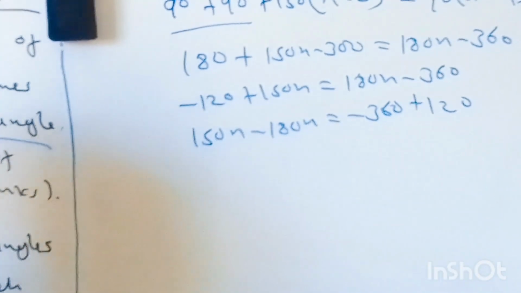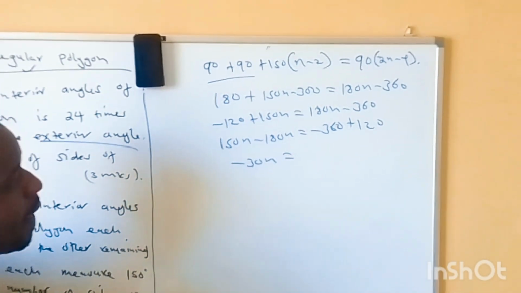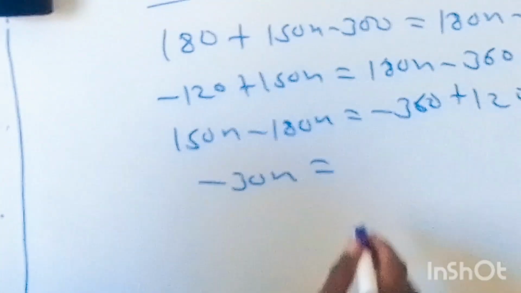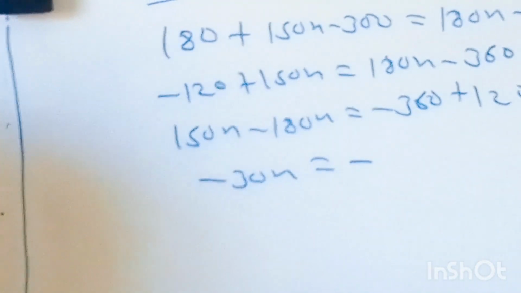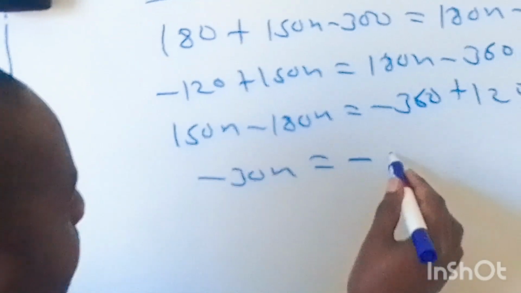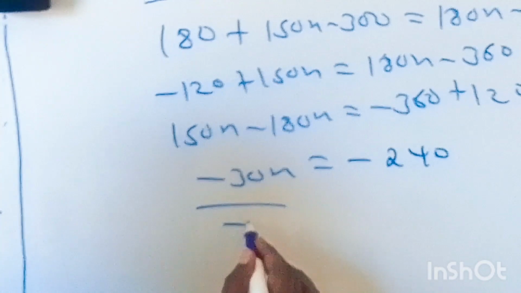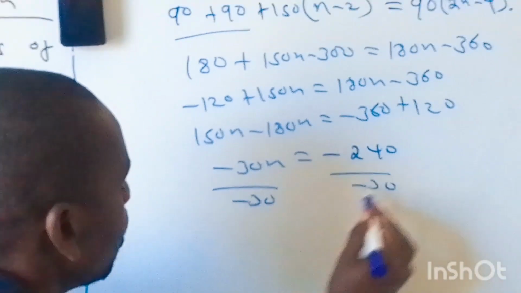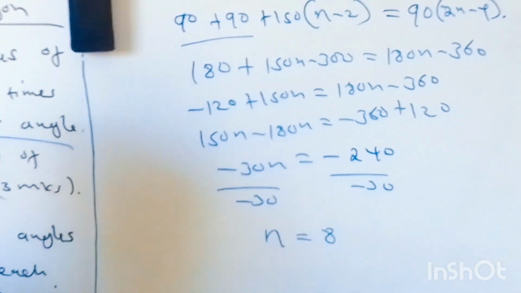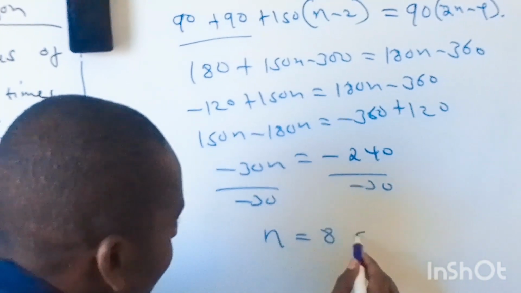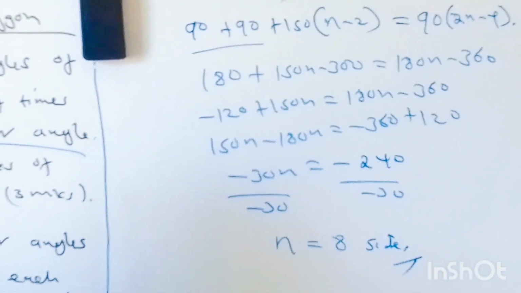So 150 minus 180, we get minus 30n is equal to negative 240. Negative 360 plus 120, we get negative 240. So divide by negative 30, we get our n to be 8 sides that we are asked. 8 sides.